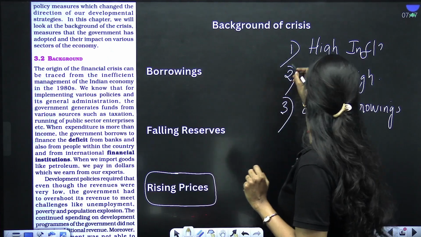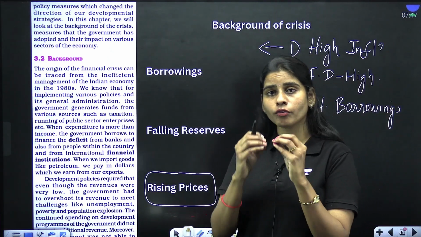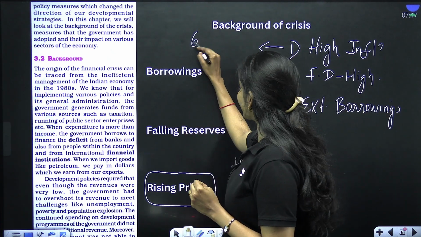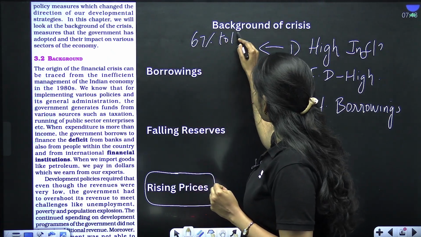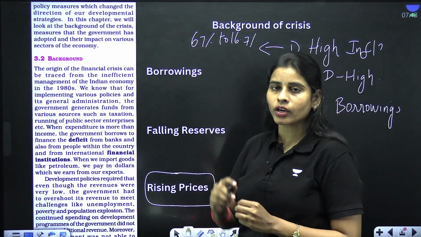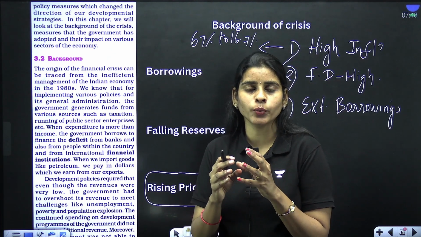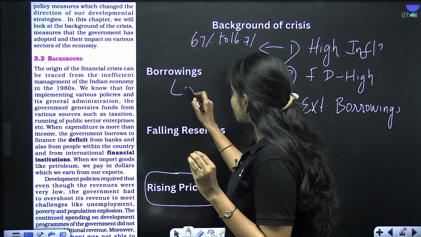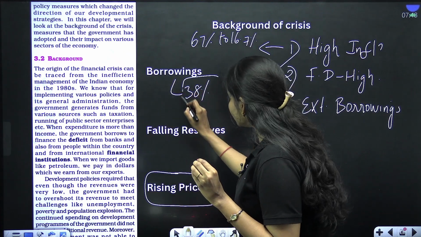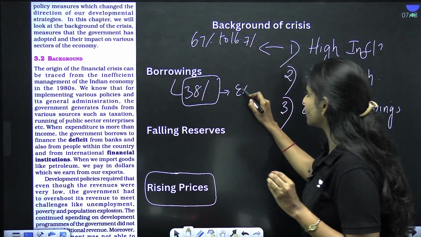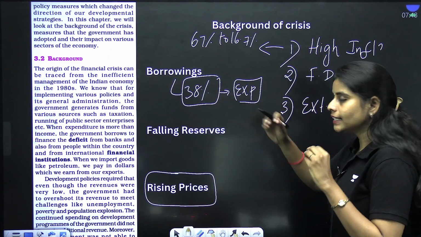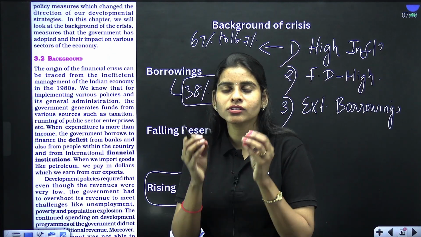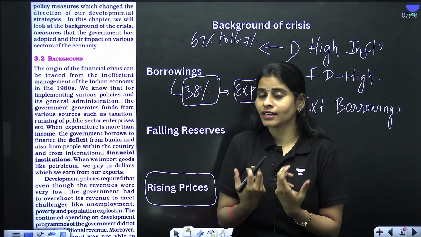And we also had inflation. The rate of inflation rose from around 6.7% to 16.7% within a short time. Talking about government borrowings, almost 38% of the total government expenditure was used for repaying the interest and loan amount alone. Can you imagine the amount of loans that we took at that period of time?